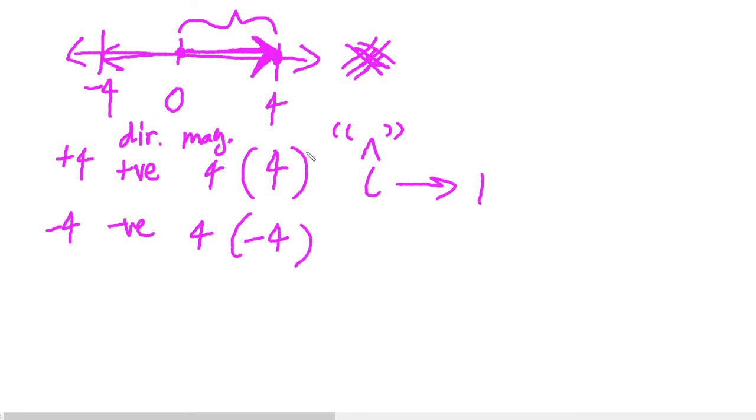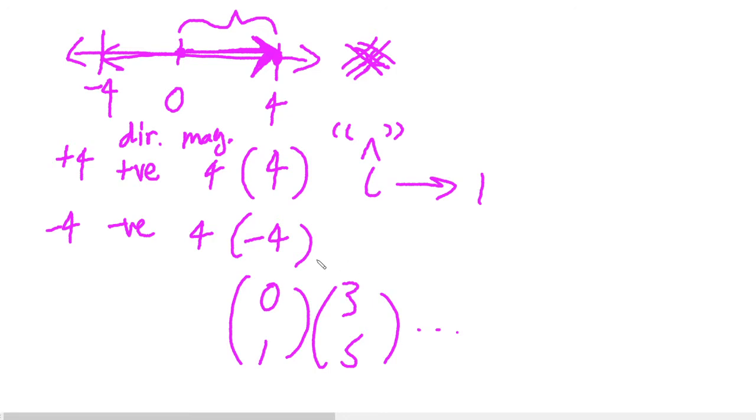And why am I putting the brackets around this? Because I want to show some similarity to the column vector notation of like (0, 1), (3, 5), whatever. Any real number that we think about can also be thought about as a one-dimensional vector from the number line. So that's one insight about vectors that I wanted to share with you guys.